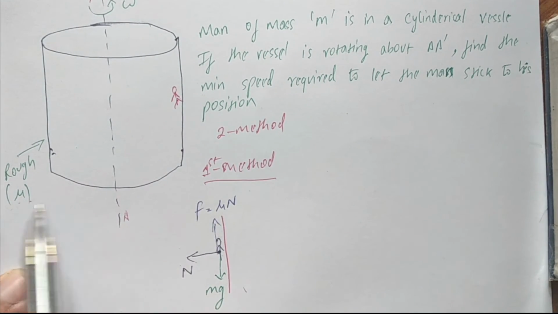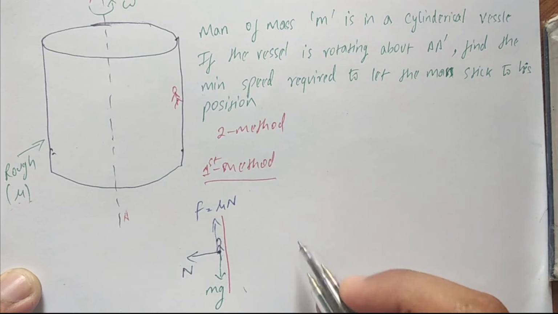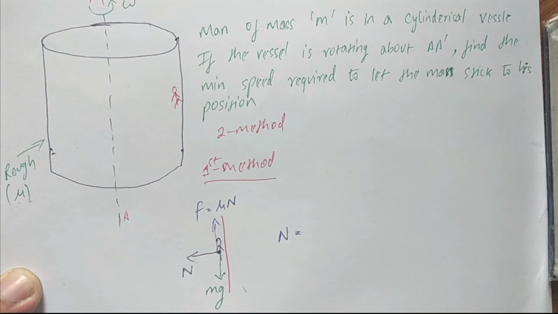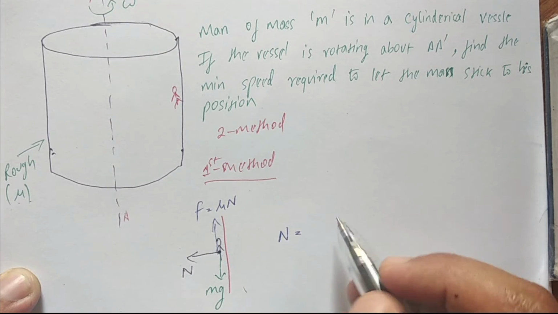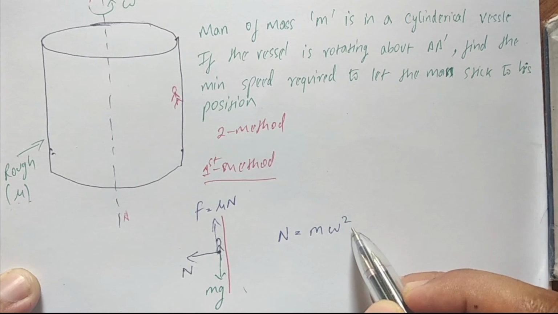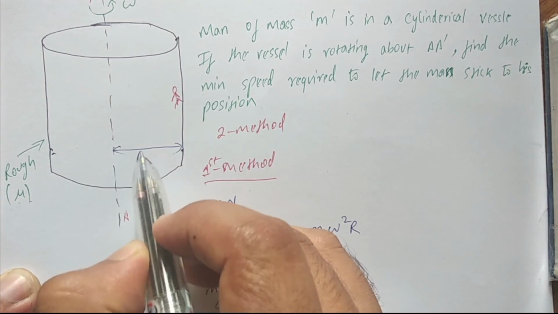Now the observer in the inertial frame of reference will say that this normal reaction is equal to the centripetal force experienced by this person, which is given by m omega square r, if the radius of this cylinder is r.